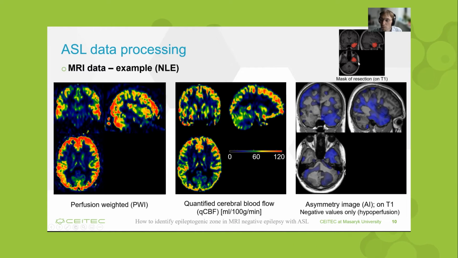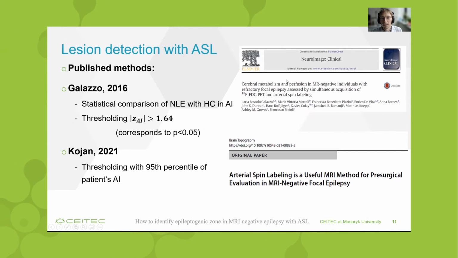And as a spoiler, there is an anatomic image of the patient with a resection mask. So you can see there is some identity of this area and this area, and I will show it in the next slides.